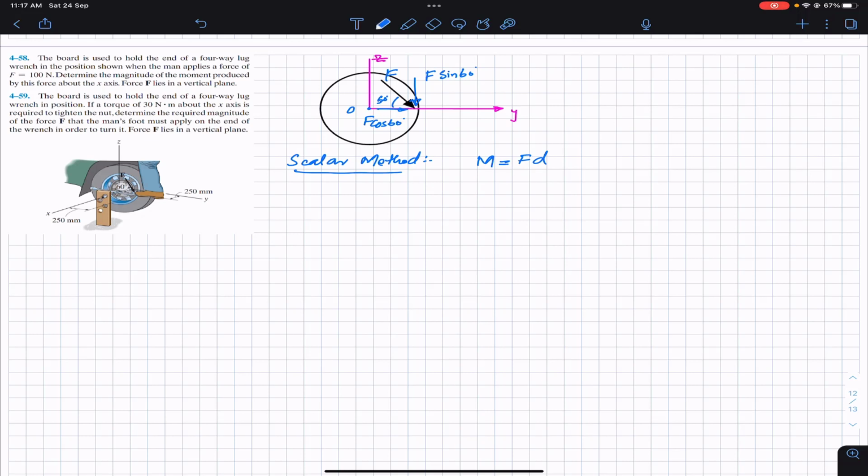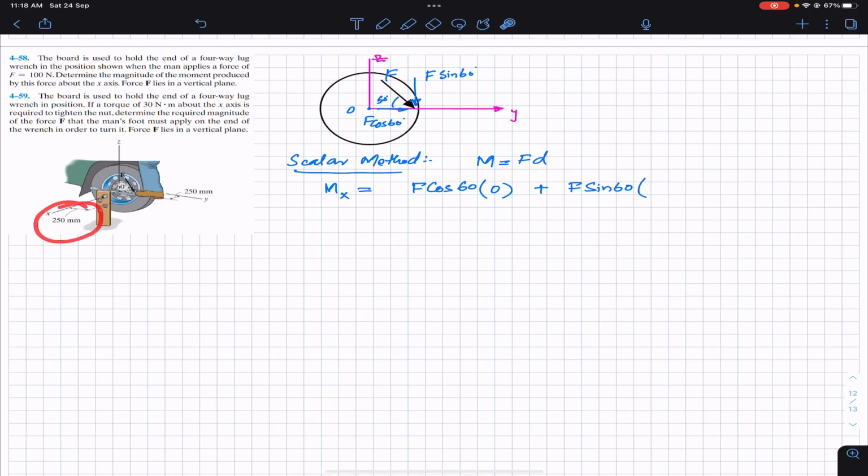So we can write that the magnitude of the moment about the x-axis will be equal to F cos 60 times 0, plus F sine 60 times the perpendicular distance, which is 250 mm.